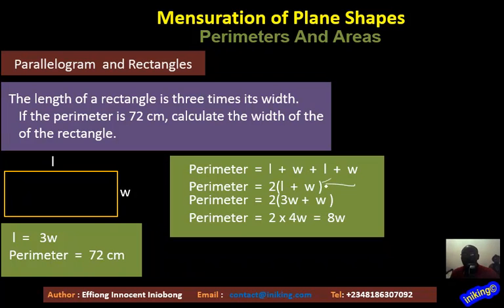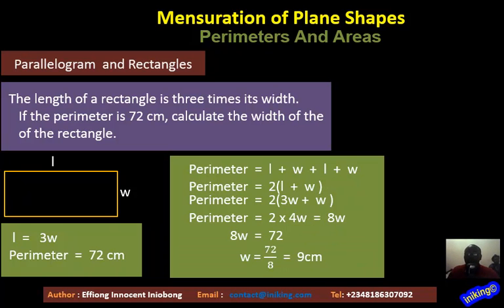L is replaced there as 3 times W, which is 3 times the width, and then this plus this gives us 4 width. 2 times that is 8. We have been told that the perimeter is 72, so 8W is 72. We go on to divide both sides by 8, and we obtain 9.